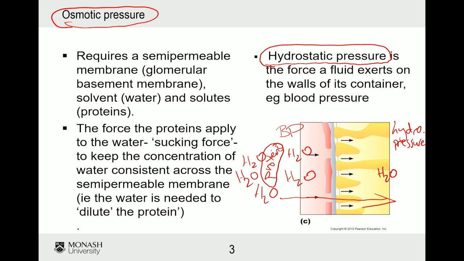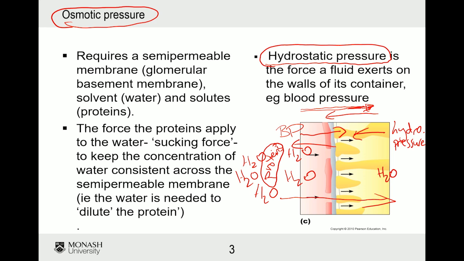So what does this mean for the kidneys? It means that we have blood pressure pushing the blood this way, hydrostatic pressure in the filtrate pushing this way, and osmotic pressure in the blood pushing this way. Overall, we have two forces going this way and one force going this way, but blood pressure is the strongest of them all.